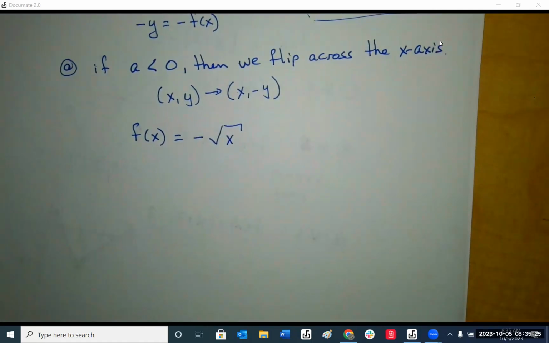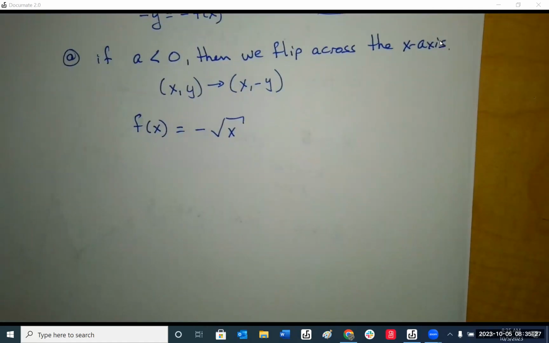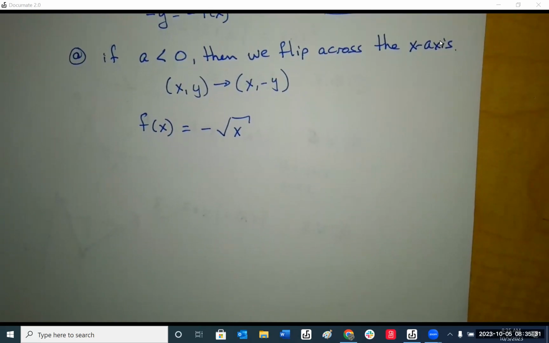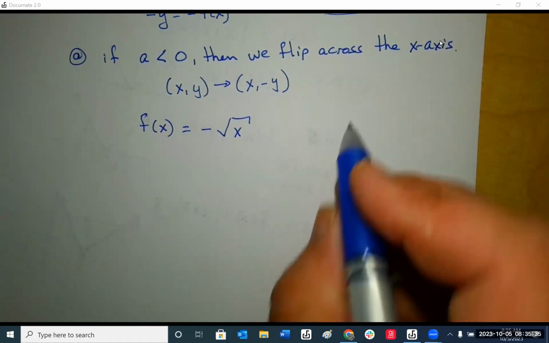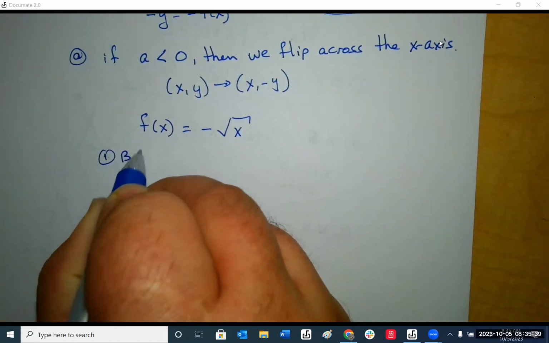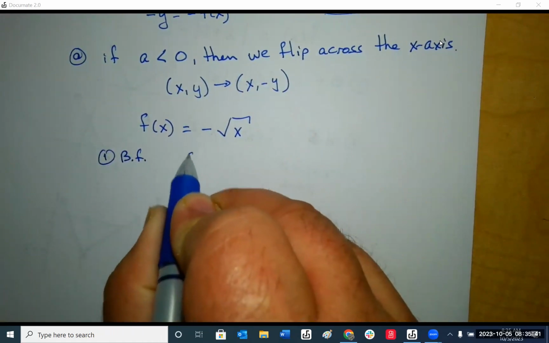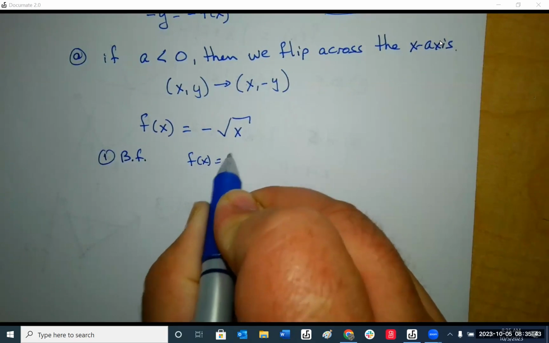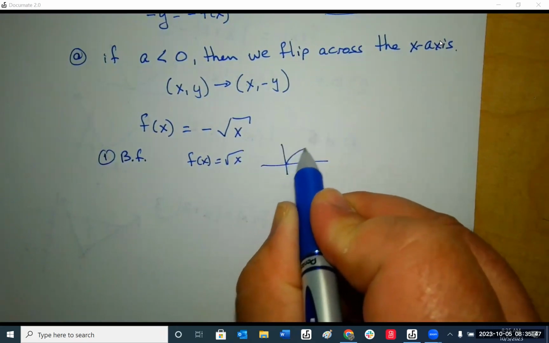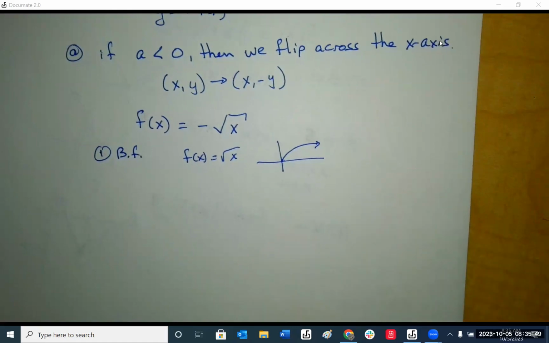Here's an example. The basic function is the square root of x. That graph looks like this.